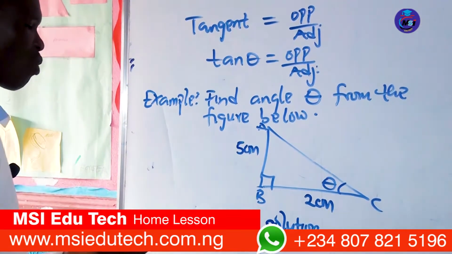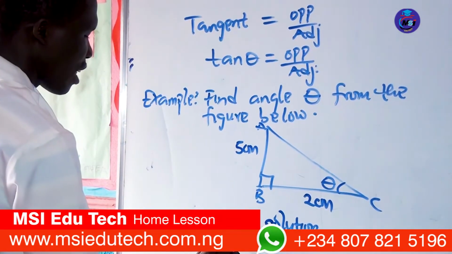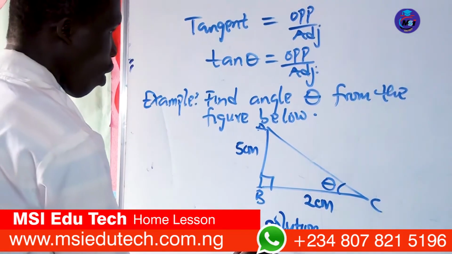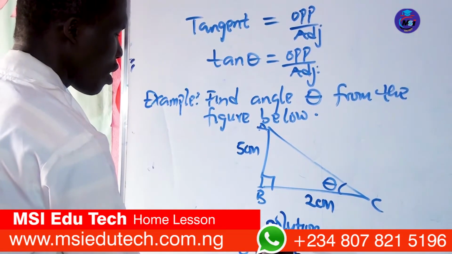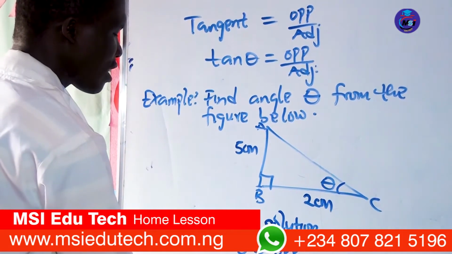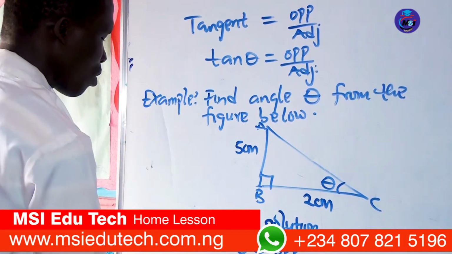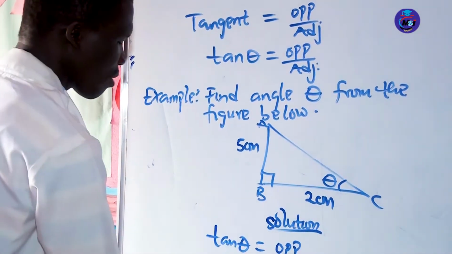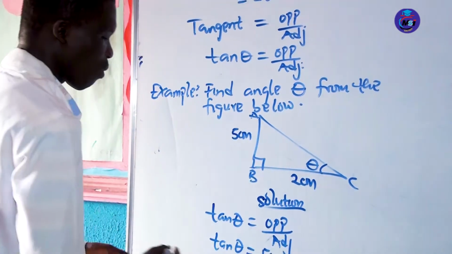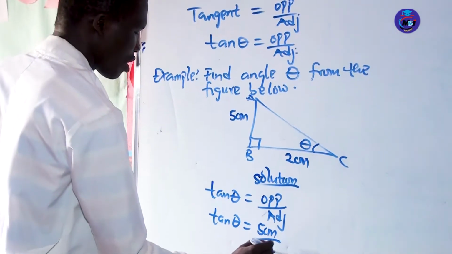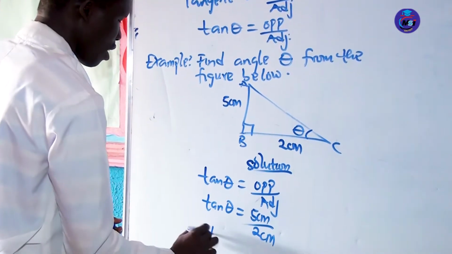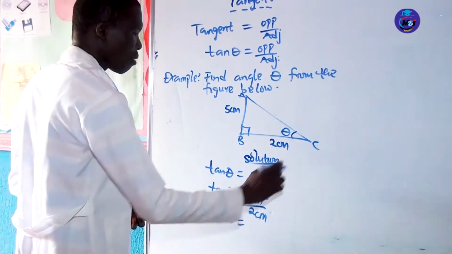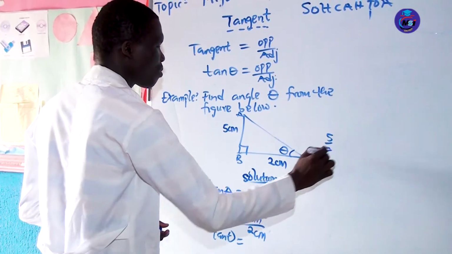Okay, this one will give us tan theta equals to opposite over adjacent. So tan theta will give us, what is opposite? 5 centimeters, and what is adjacent? 2 centimeters. So tan theta will give us 5 divided by 2.